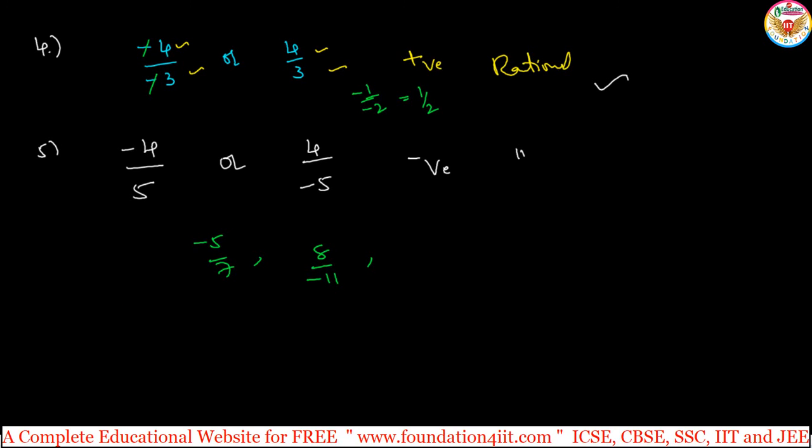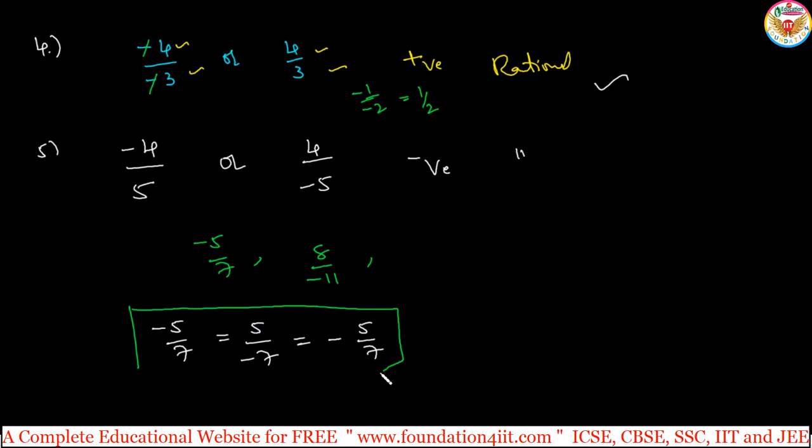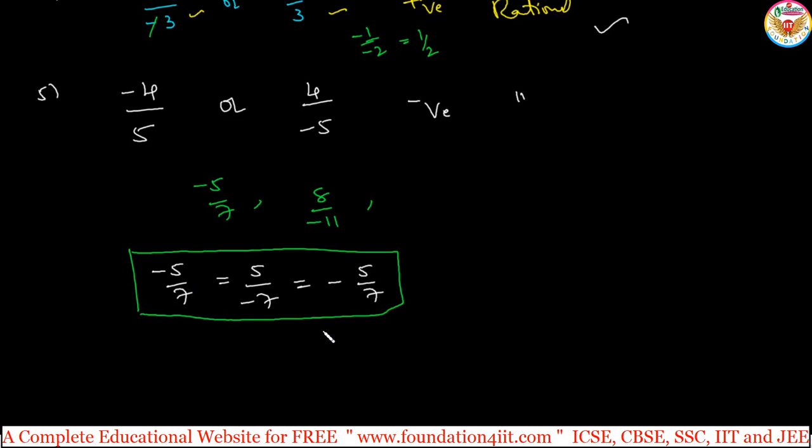Okay, so one thing we can conclude here: minus 5 by 7 is exactly equal to 5 by minus 7 or minus 5 divided by 7. When printed in the book or when you notice in notebooks or textbooks, all are equal. The negative sign for the numerator, or the denominator, or just in front of the number, the meaning is the same. Okay, don't get confused about this.